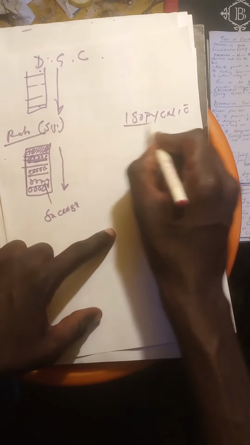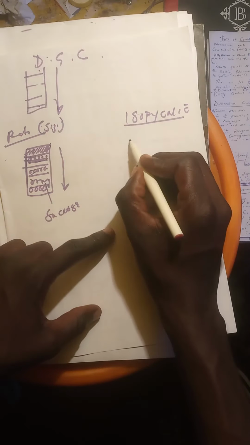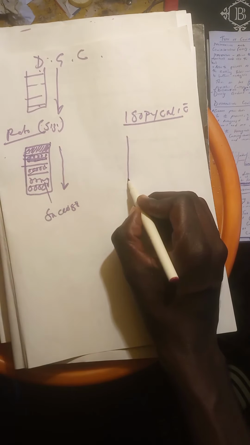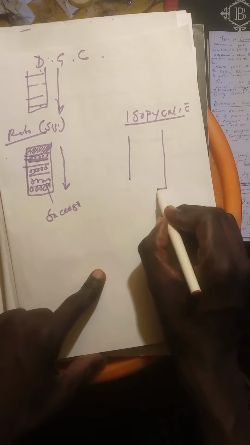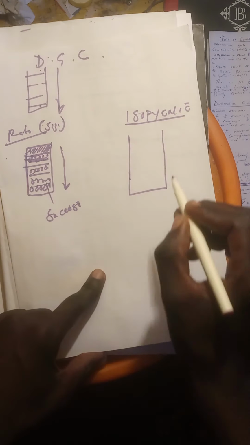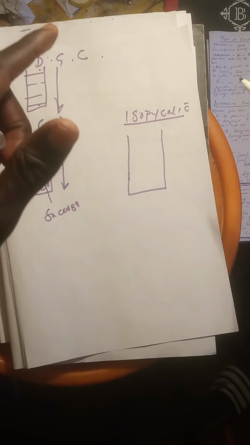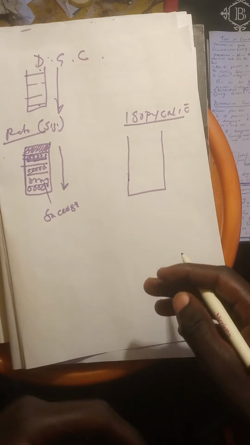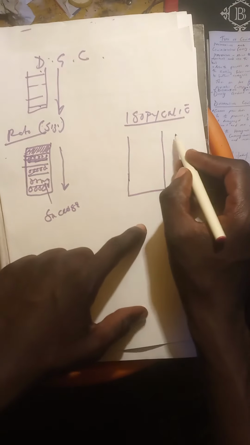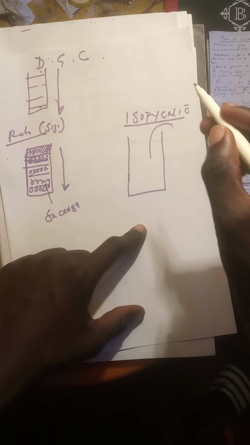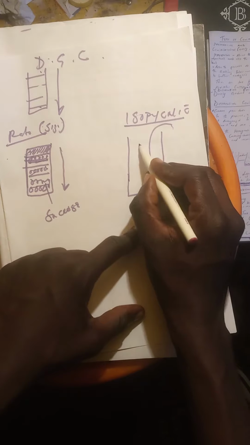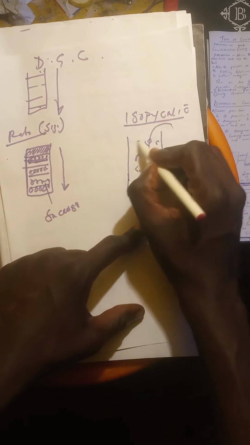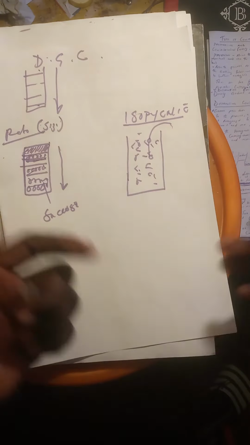But with isopycnic, the difference is that unlike here where the density gradient is already prepared, in here you have the selected separation medium, such as cesium chloride, being uniformly placed together with the sample of interest. In here you have the separation medium and the sample of interest.